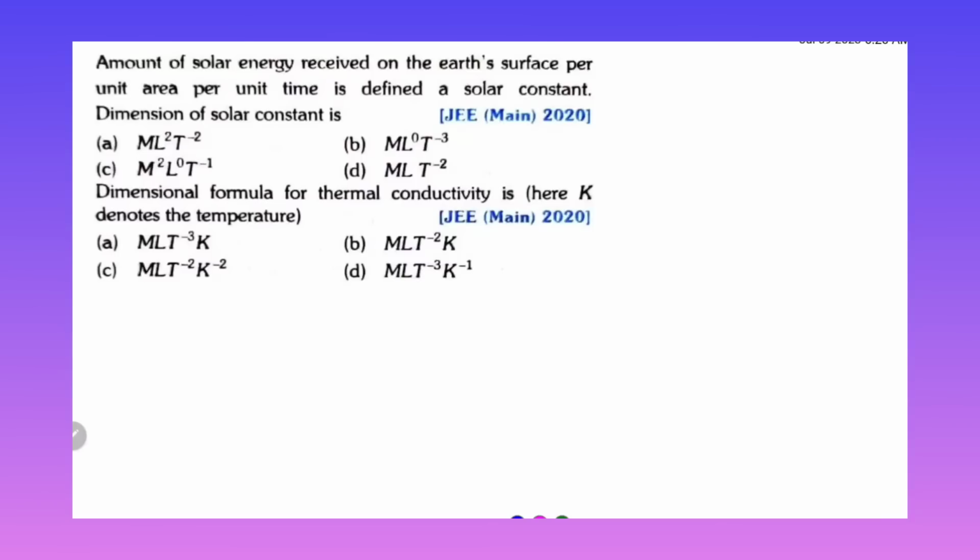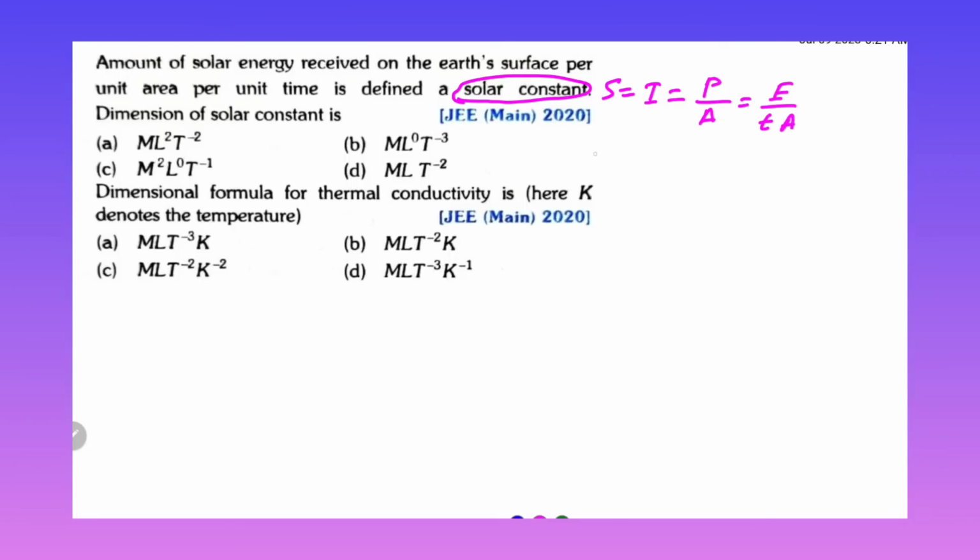Hope you have understood. Students, how to find out the dimensional formula for solar constant? See, solar constant and intensity of sunlight both have the same dimensions. Intensity is nothing but power by area of cross section, power passing per unit area. Power can be taken as energy by time, divided by area.